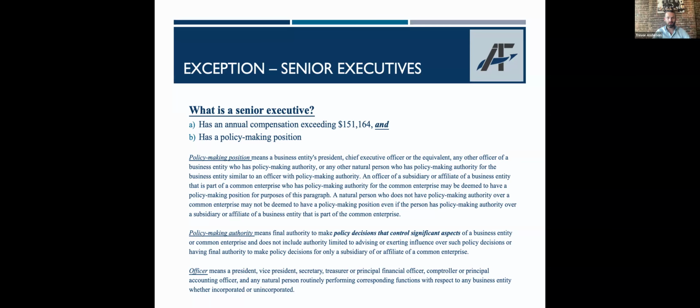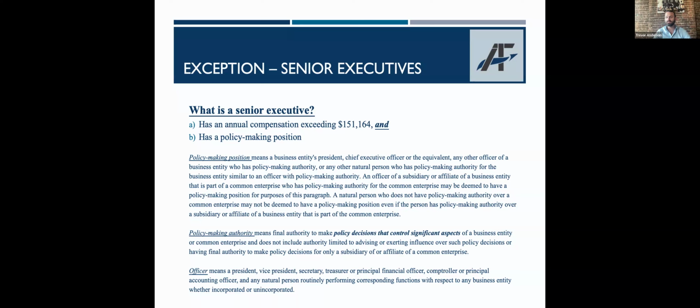So, for example, if you are trying to make a decision as to whether to open up a new office, maybe a new location for your business, and that decision has to get approved by someone, you arguably do not have policy-making authority. Or let's say you wanted to roll out a comprehensive new marketing strategy, but that decision required the approval of someone else. You arguably do not have policy-making authority.